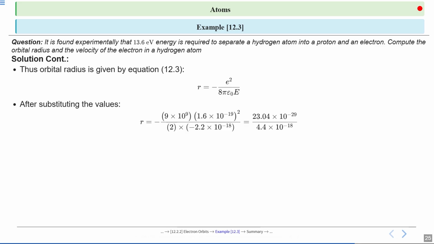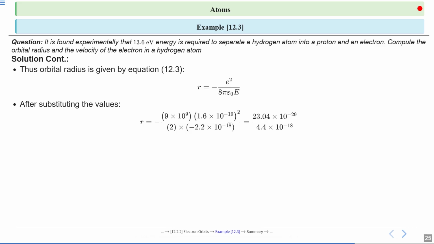Okay, so after putting in the values, we will simplify 8 pi epsilon naught into 2 multiplied by 4 pi epsilon naught. So it will become 1 by 4 pi epsilon naught, which is 9 times 10 to the power 9, multiplied by e square, that is 1.6 times 10 to the power minus 19 squared, upon 2 multiplied by E. Where did the 2 come from? We converted 8 pi epsilon naught into 2 multiplied by 4 pi epsilon naught.